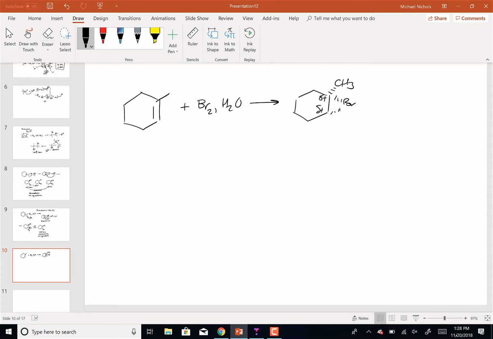Now, before we do that, let's just work with an acyclic one. Let's say I add my Br plus to this alkene.